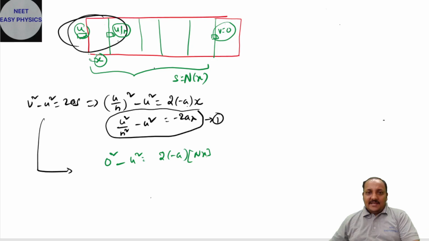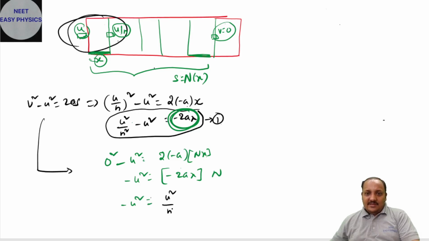If each plank is x, total distance is Nx. So minus u square equal to minus 2ax into N. In place of minus 2ax from equation 1, we can substitute this.